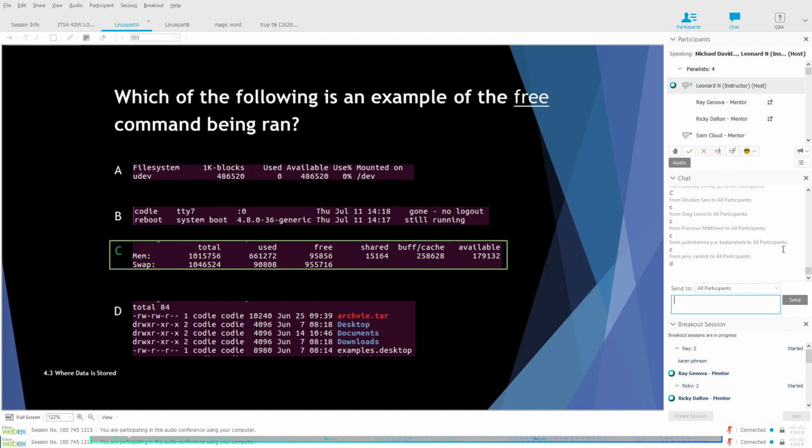Nope, D is an ls -l command. It is showing files with the permissions. When you think about the word free in Linux, it's memory. Free memory is what you're looking for with that command.